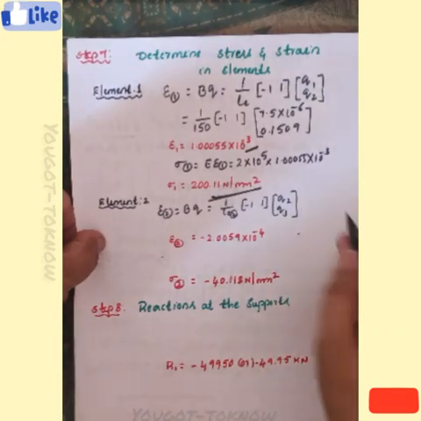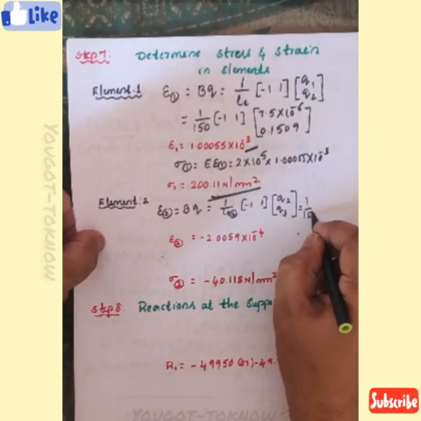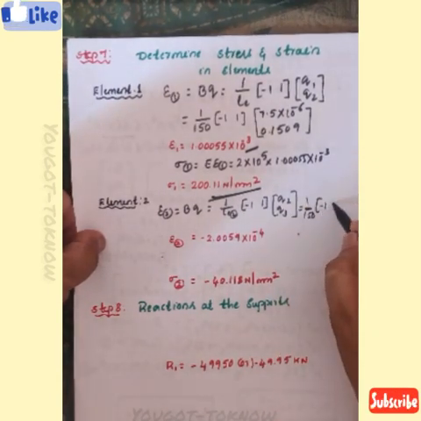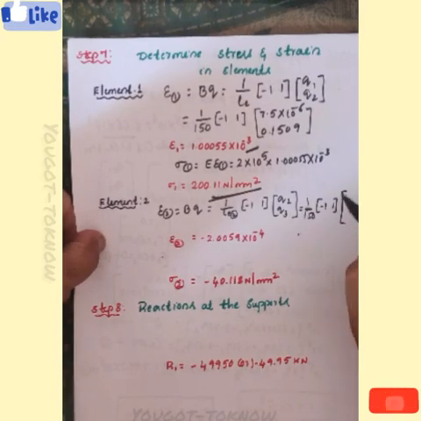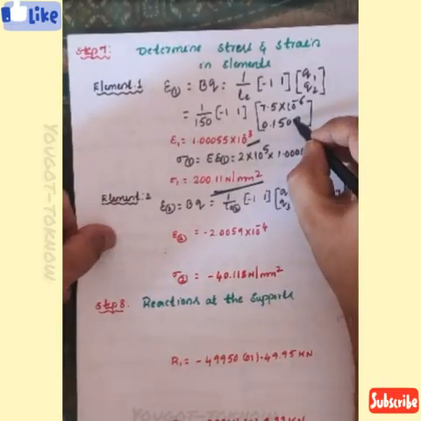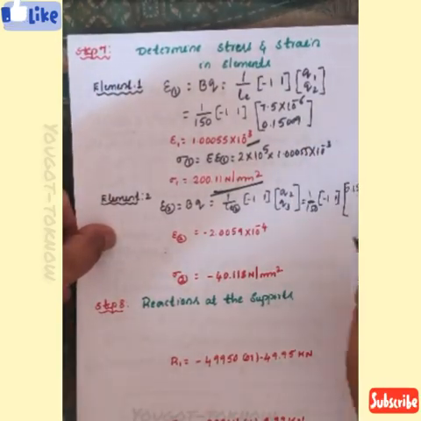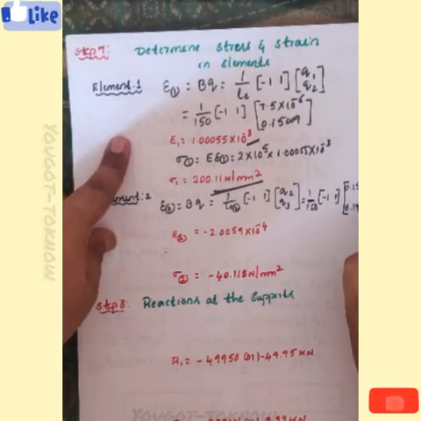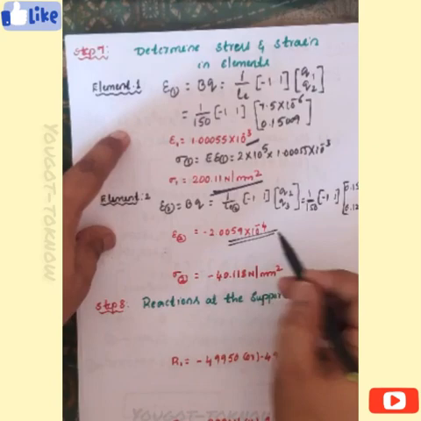That is 1 by 150 into minus 1 plus 1. Q2 is 0.15009 and Q3 is 0.120005. If you solve it, you are going to get this value.